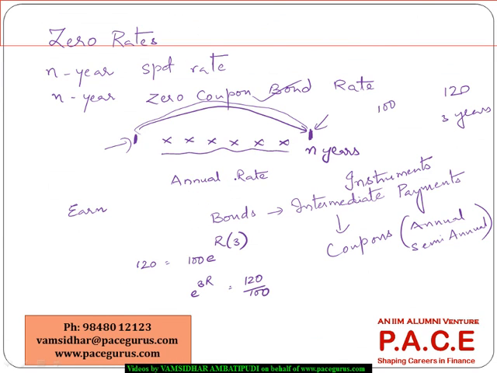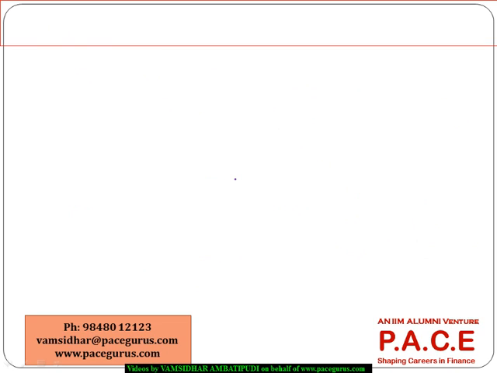But in the majority of cases, as we are saying, there will be some intermediate payments in the form of coupons coming up. So if I have to find out the interest rate associated with the bond, we really need to evaluate a series of payments.